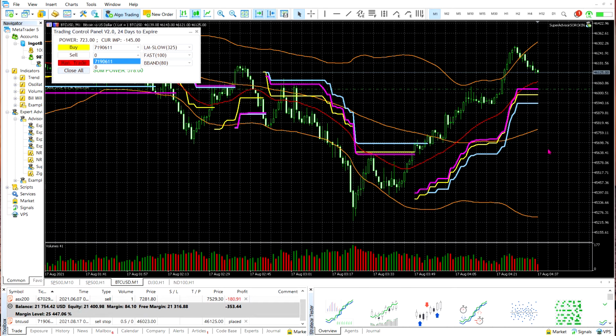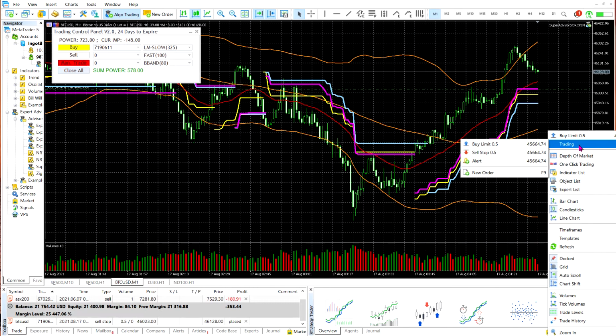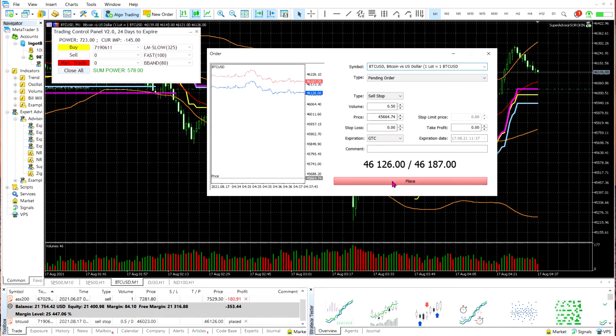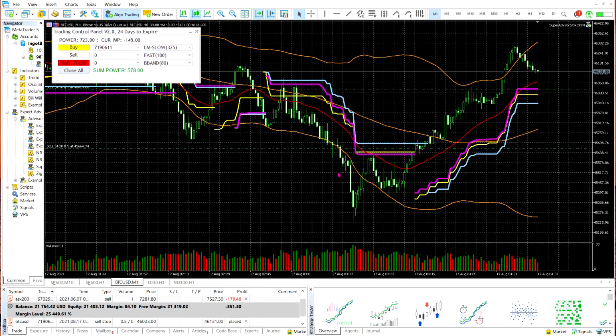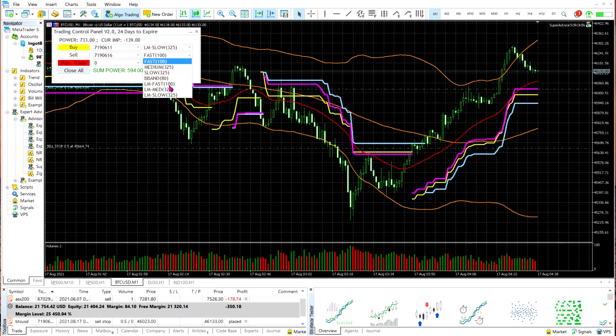We can open another limit order, and set the fastest one. Limit fast. Don't mix up the stop loss and the limit orders. They are all different.